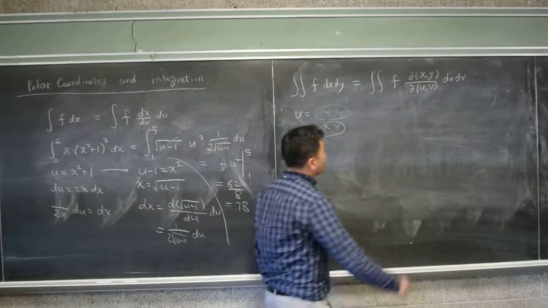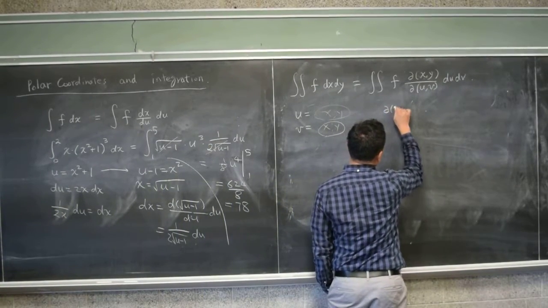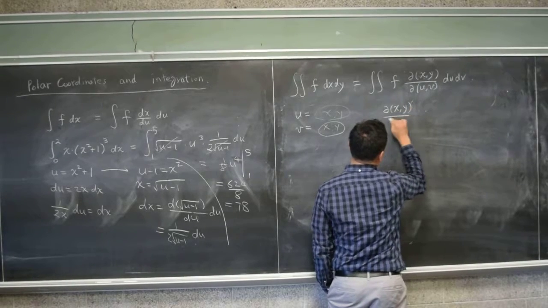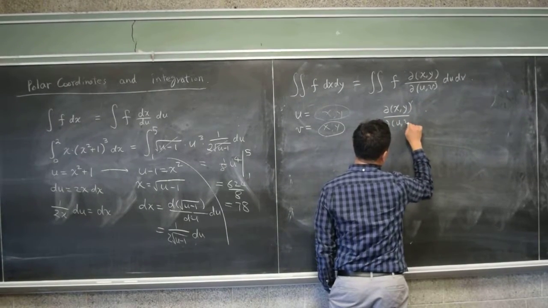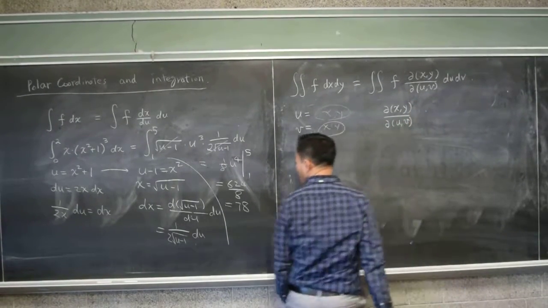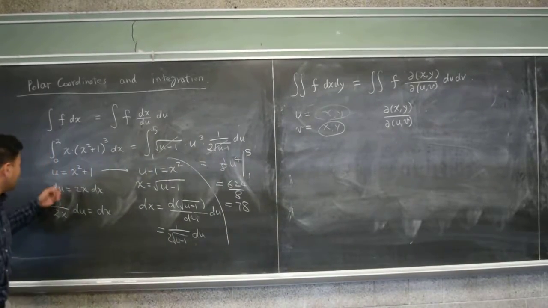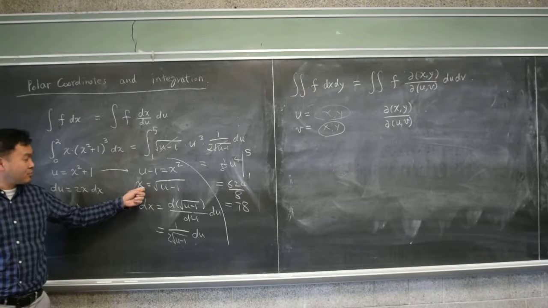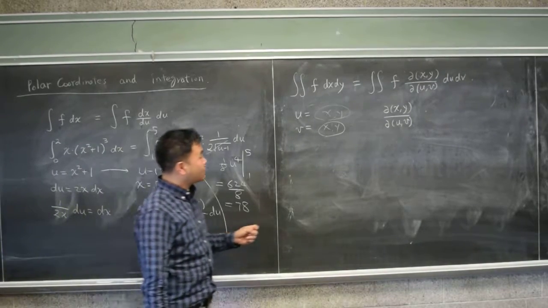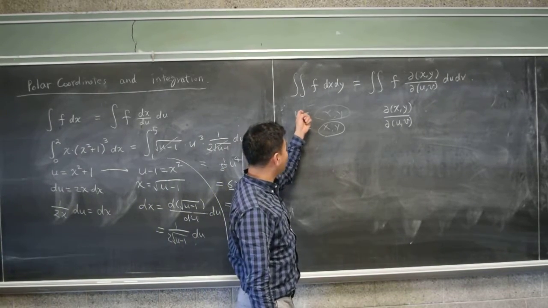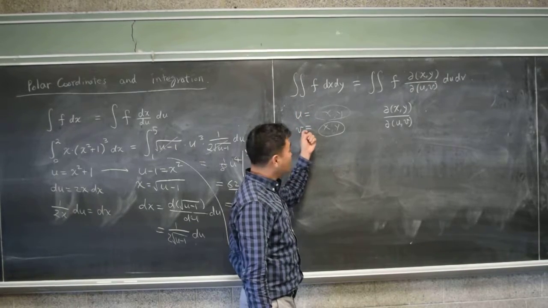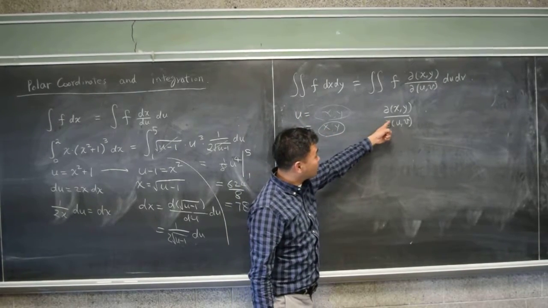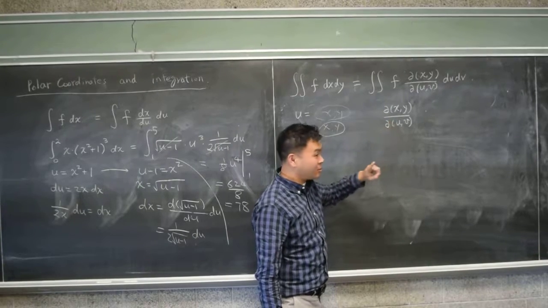And this thing over here means the following. Just like how instead of viewing u as a function of x, you had to solve to get x as a function of u. It's the same story. Even though I'm kind of introducing u and v, the way this thing is calculated is like the following.